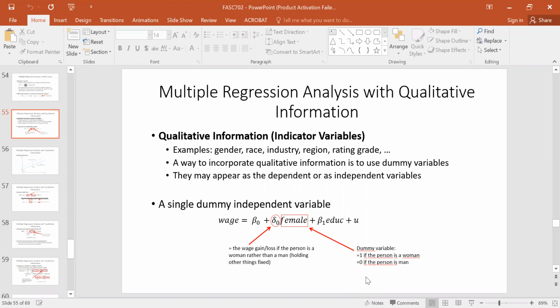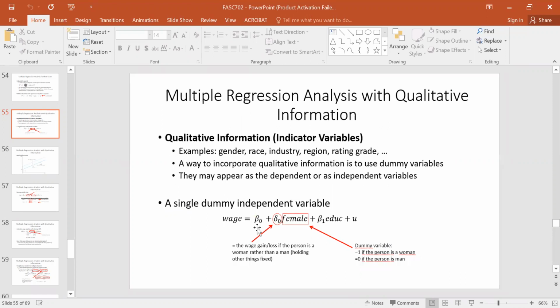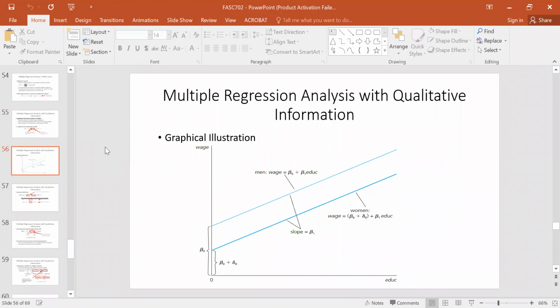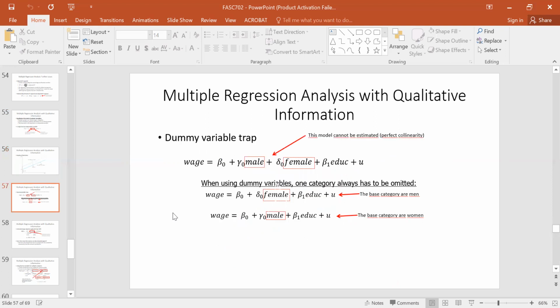So delta 0 here means that females make delta 0 money on average more than the base category, which is men, the one which was assigned 0. Here, because of the notion of discrimination, we think that women make delta 0 less than men on average. Now, there is something called the dummy variable trap.